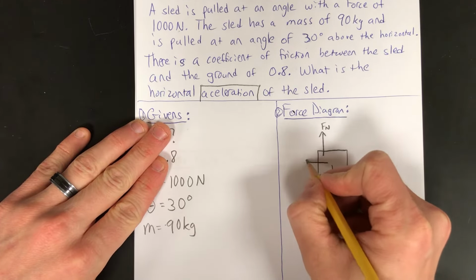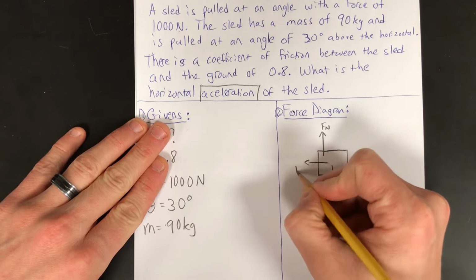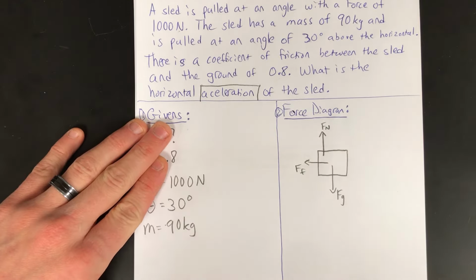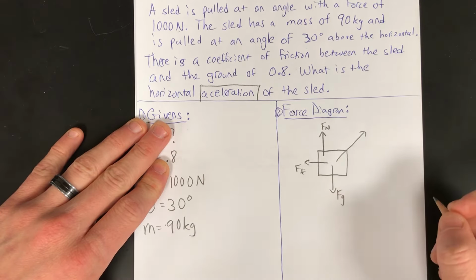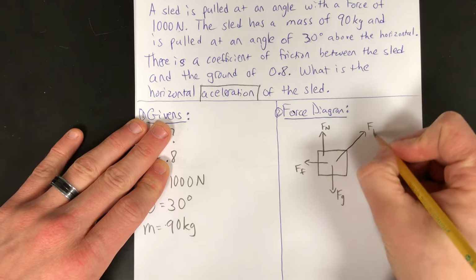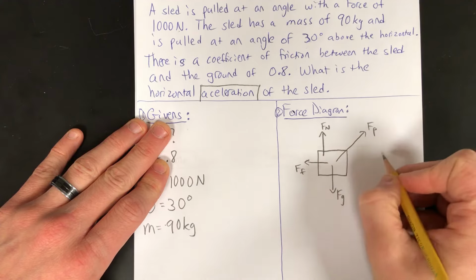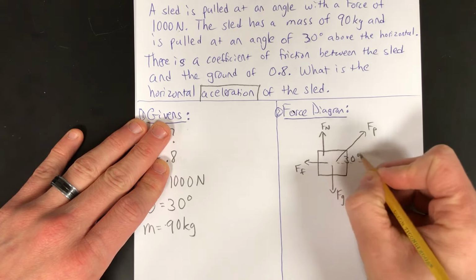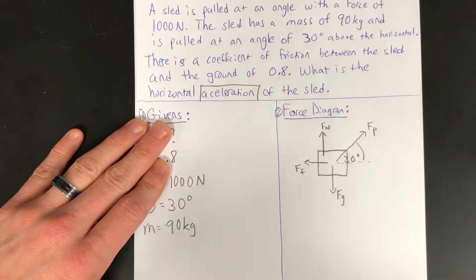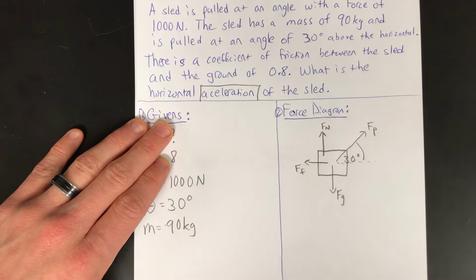As it slides along the ground, the sled experiences a frictional force, all right? And there's a pull force, but now that pull force is upwards at an angle. Instead of completely horizontal, it's up a little bit, above the horizontal by 30 degrees. So draw your force diagram like that, all right?